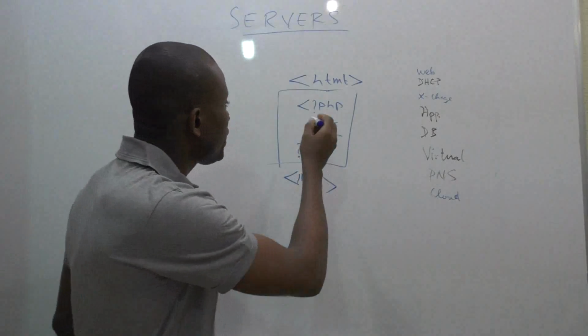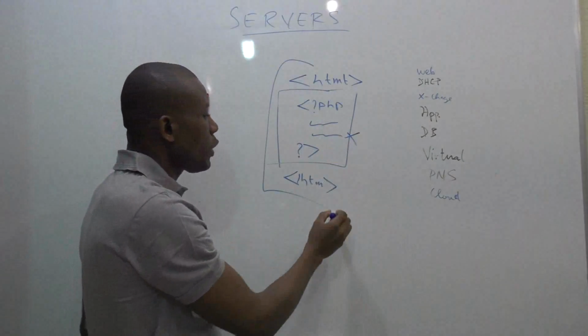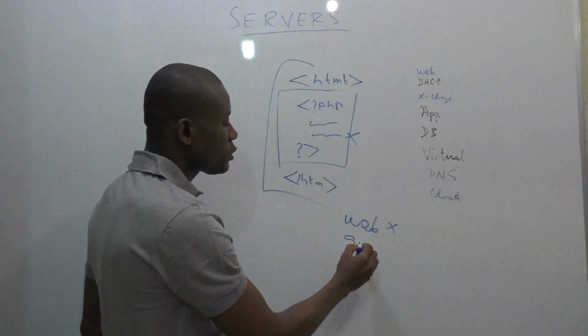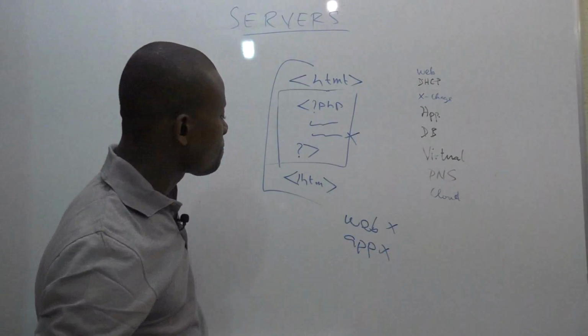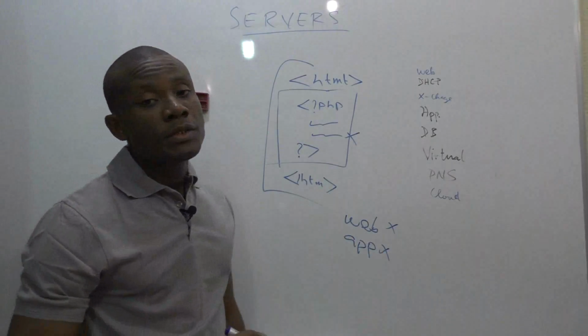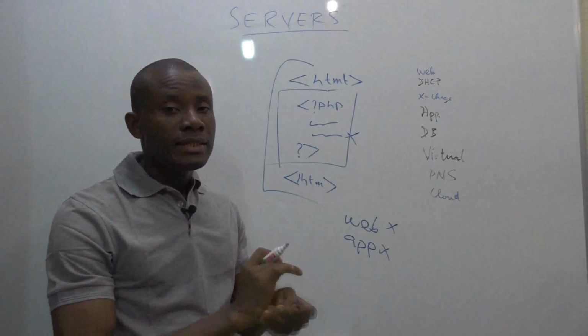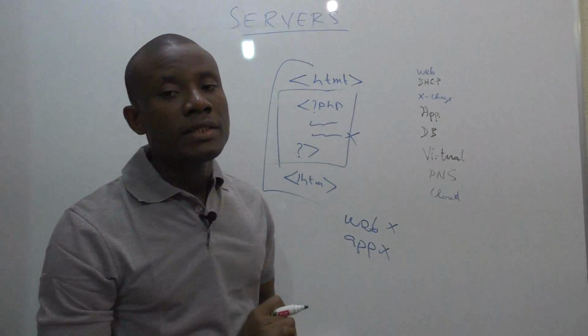So when the page contains markup like this, the web server will not handle it. The application server will handle this. So the work of the application server is to handle or process dynamic pages. Okay? I hope that is very clear.